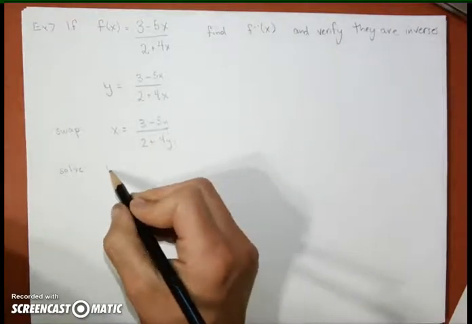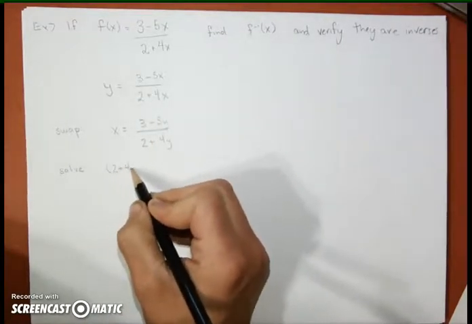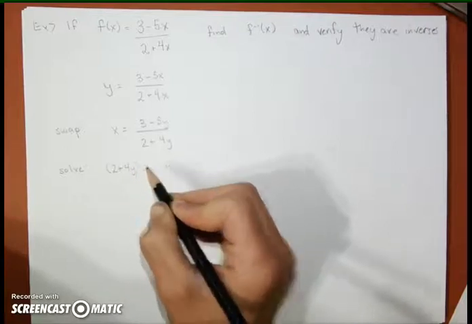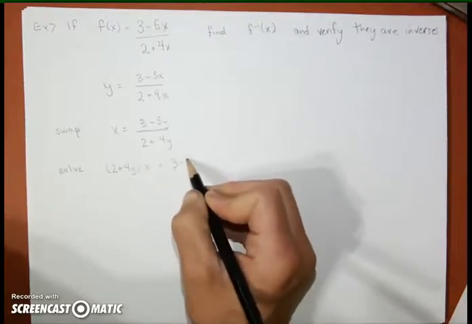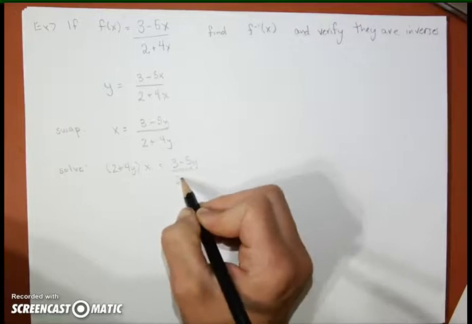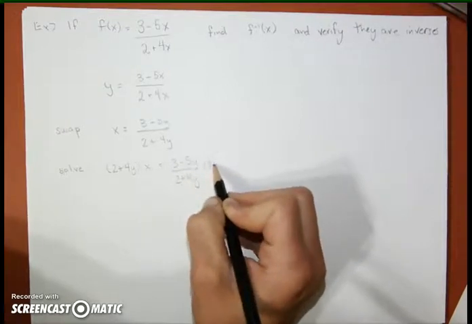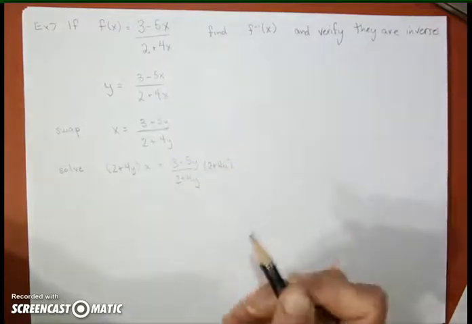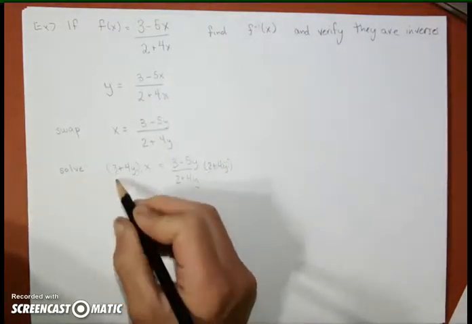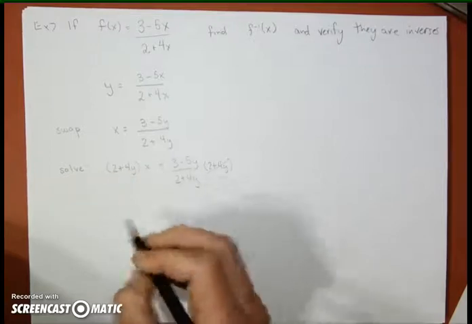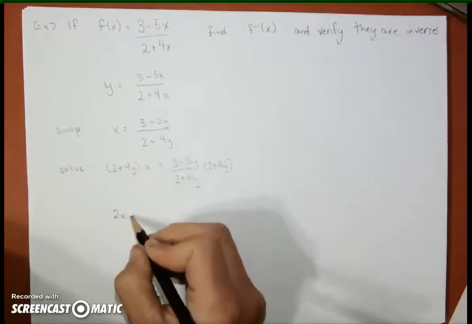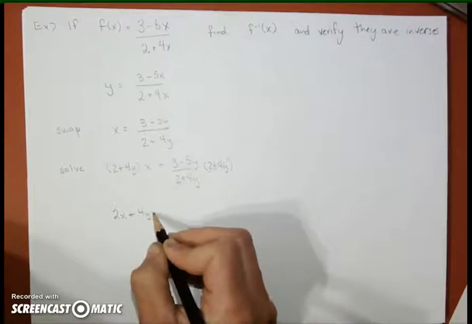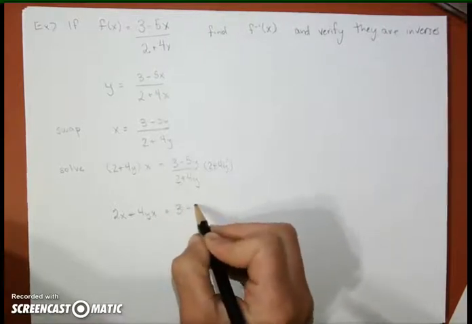So I'll multiply both sides by 2 plus 4y. So on the right-hand side, these 2 plus 4y's cancel. And on the left-hand side, I can distribute the x to each term. So I have 2x plus 4yx equals 3 minus 5y.